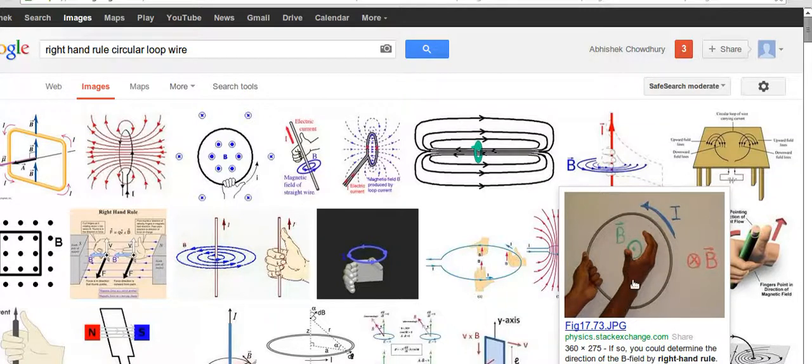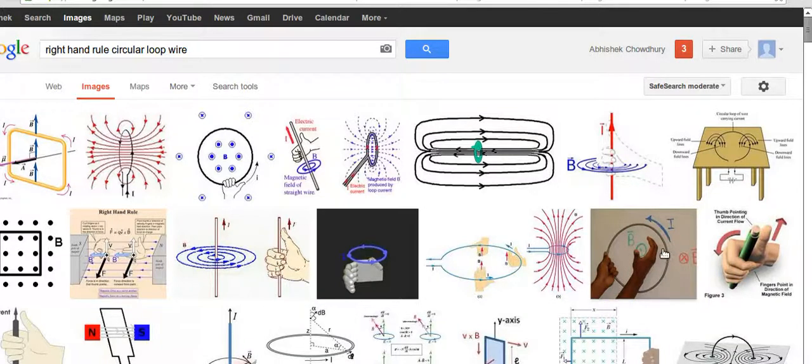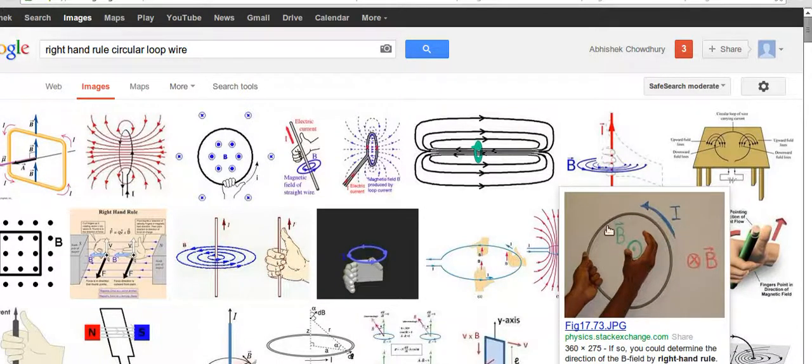If it is clockwise, and I curl my fingers clockwise, then my thumb will point inside. So the magnetic field will come out if I is anti-clockwise, and it will go inside the screen if it is clockwise.